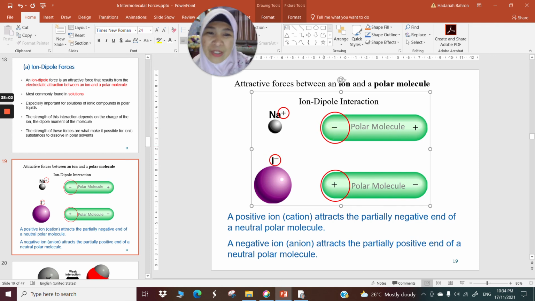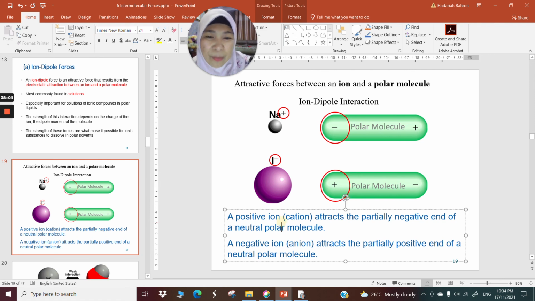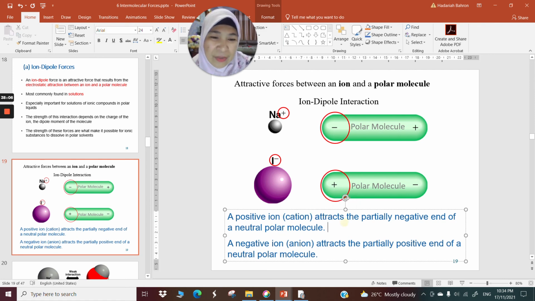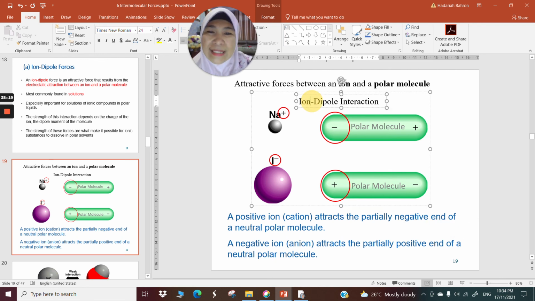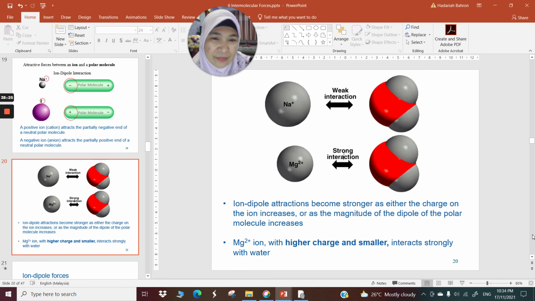We're talking about sodium iodide here. So the cation attracts the partially negative end of a neutral polar molecule, and the anion attracts the partially positive end of a neutral polar molecule, and what will exist between them is what we call the ion-dipole interaction.